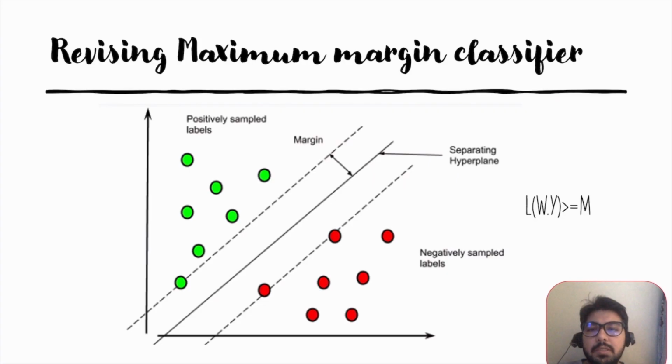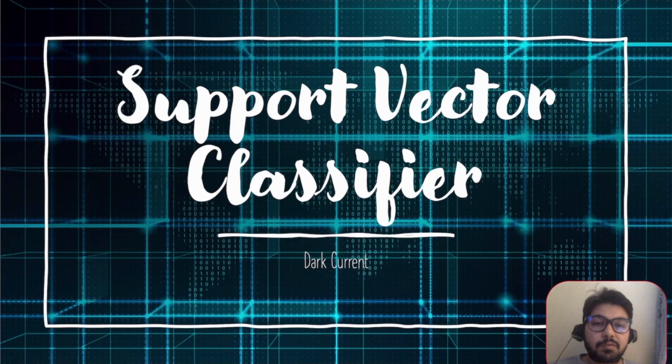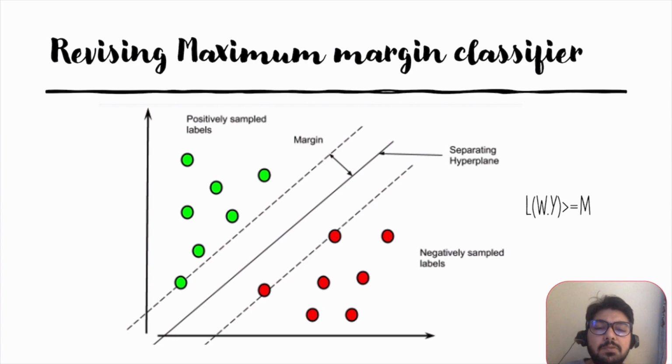In the last lecture, we discussed maximum margin classifiers. So today we would be revising some concepts of it, as it would be very important in discussing the support vector classifier. In the maximum margin classifier, as you can see, there is a line which is acting as a classifier.